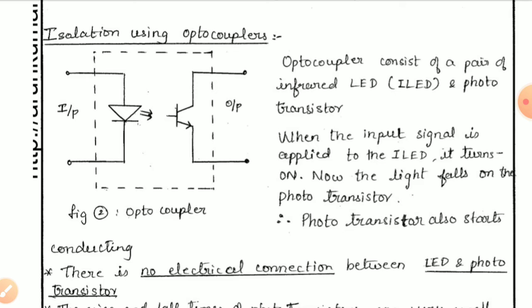Optocoupler, as the name itself says, opto is a light related phenomenon. The optocoupler consists of a pair of an infrared LED and a photo transistor. LED is nothing but a light emitting diode.